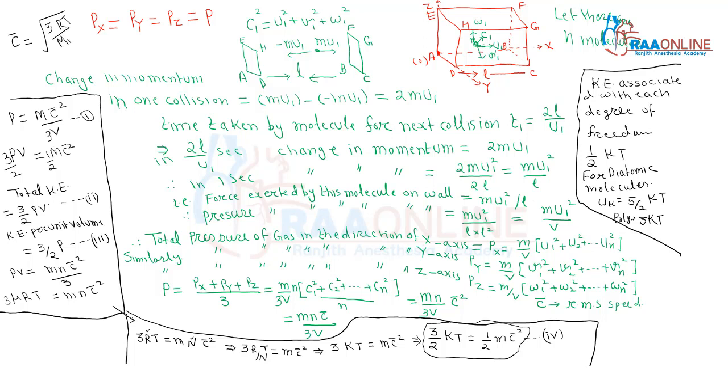So you can get the root mean square speed of a molecule by the formula root 3RT upon Mm, the molecular mass of the particle. So these were very, very important results.